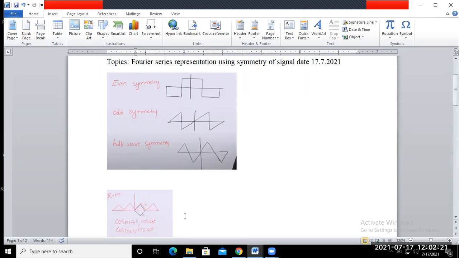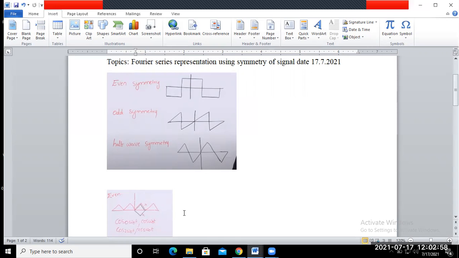We say that any waveform that follows the even symmetry only has all the cosine terms including zero present. Cosine of zero is equal to 1. So we may say that the constant term is also present in a pure even waveform. Since the constant term is a0, a0 is equal to 1 here, is it not?